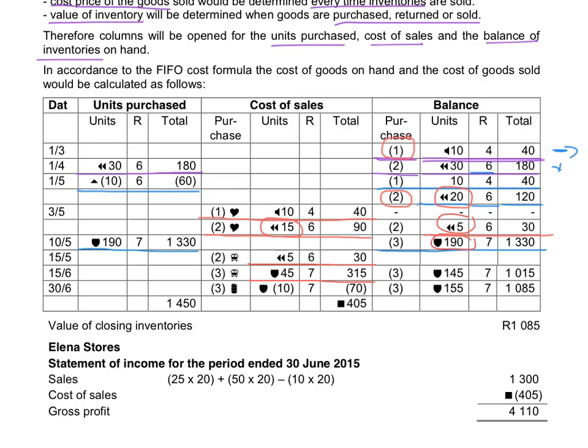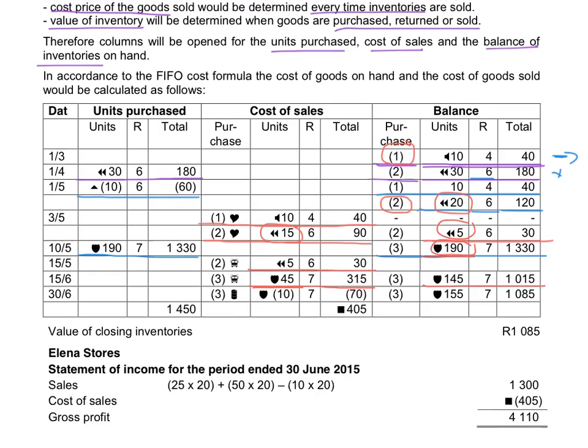Now we have to determine how many units we have left over in number 3. There was 190 units. We sold 45 units, so it means there's 145 units left over that cost 7 Rand each, and the total value is now 1015.